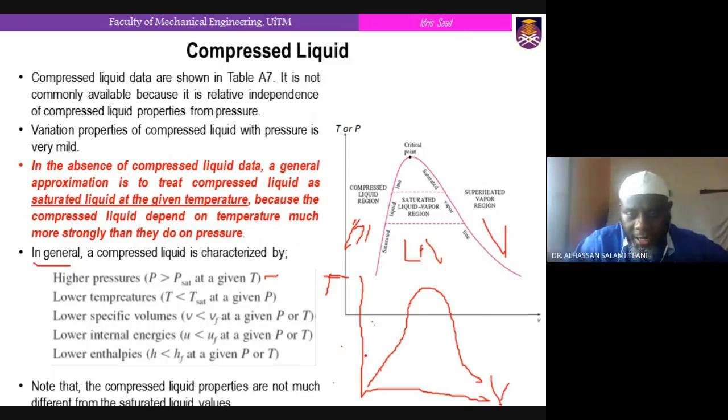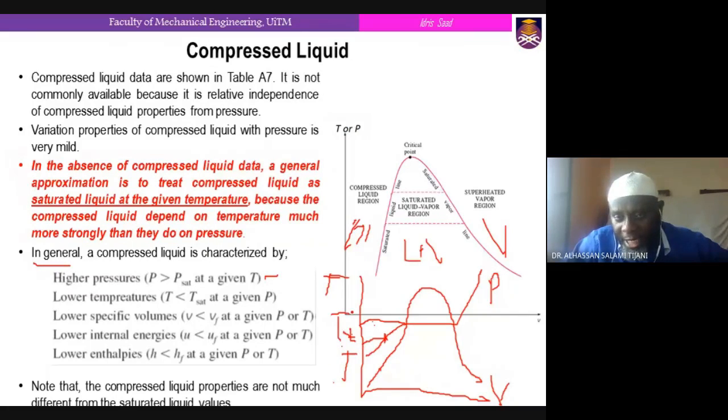Now this is our constant pressure line, P is constant in this particular state. If I have a fluid in this state, and this corresponds to the saturation temperature, this is what we call T saturation. As far as this region is concerned, the temperature at this state will be T.